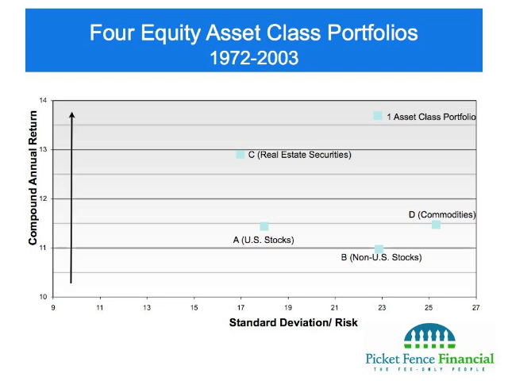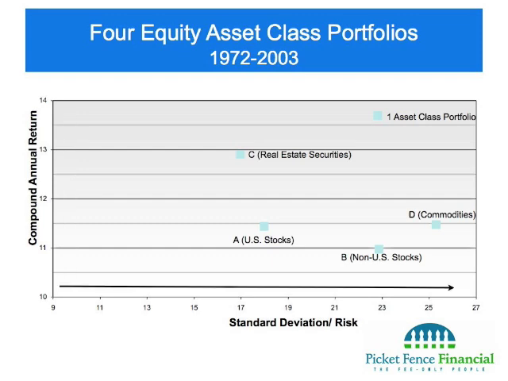So looking at these portfolios, if we go on the vertical axis up, that shows you the compound annual return over that 30-year period. So the higher up we go, the higher the return. So you can see from this graph that Portfolio C, real estate securities, had the highest return, which was 13%, whereas international stocks was the lowest with just around 11%.